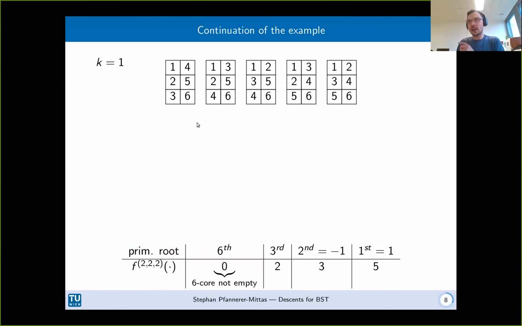Let's look at our example again and look at the border strip tableaux with strip size 1. I've already told you these are just the standard tableaux. We had them before, and there are precisely 5. This is no surprise because when we plug in 1, we get the number of summands, as I've already told you.